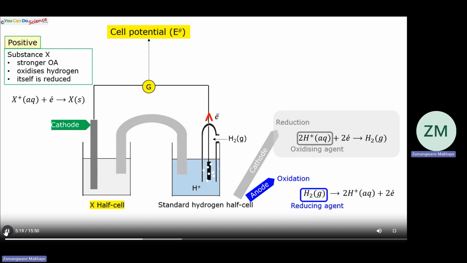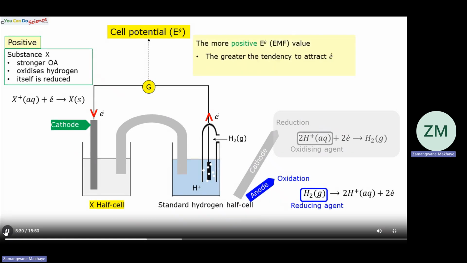The electrons then flow from the hydrogen electrode to the X half cell in the external circuit. The more positive the EMF value, the greater the tendency of the substance to attract electrons, and the stronger an oxidizing agent the substance is.